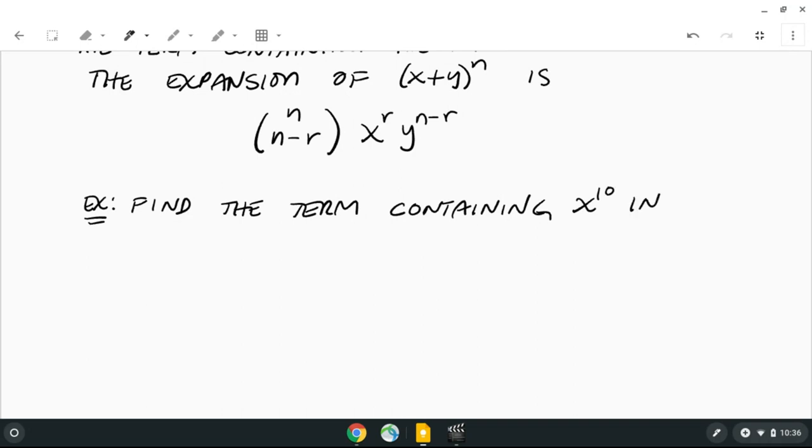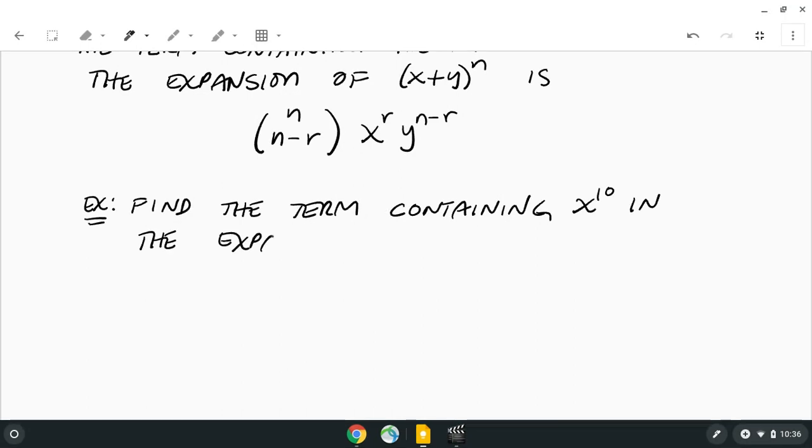The smaller one is the r in the expansion of x plus 2a to the 15th. So that's the n. The larger exponent is the n. All right, so we're going to use this formula right over here.